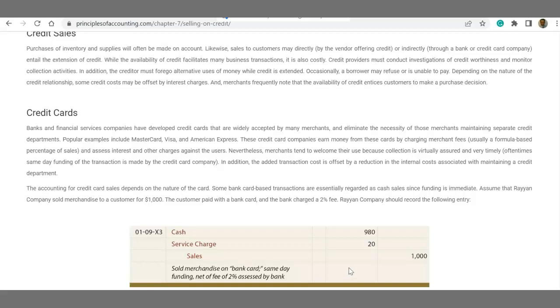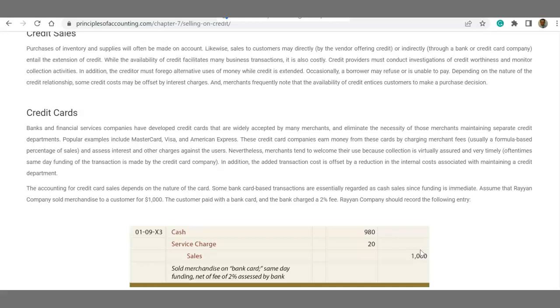But the merchant service company will charge the business an average of 3% service fee. So if the sale is $1,000, the company gets $980, and the $20 service charge is deducted from the cash. So the company just gets $980.